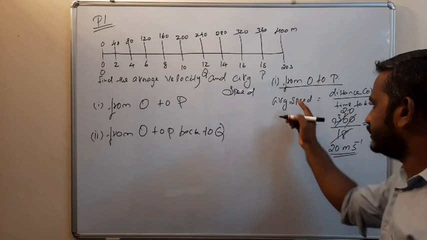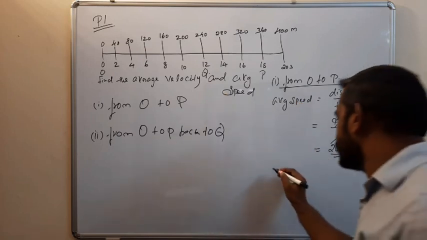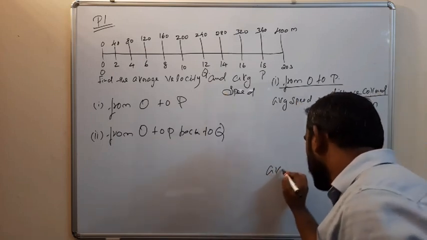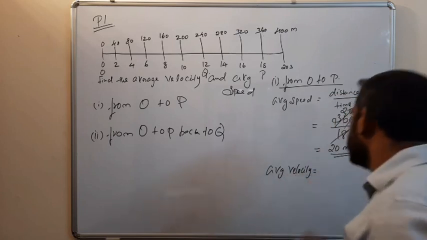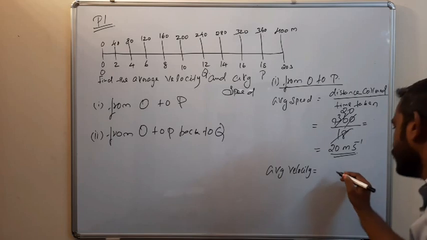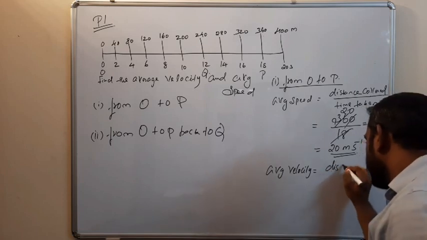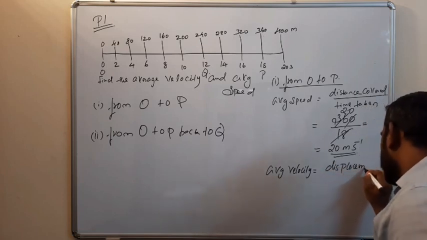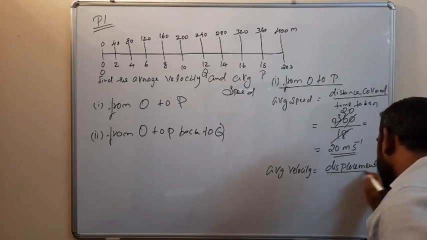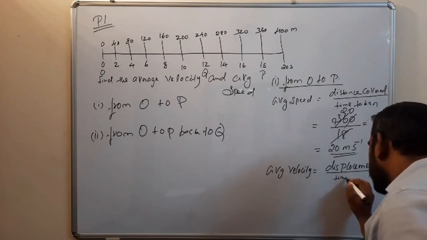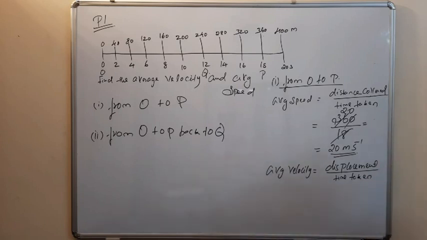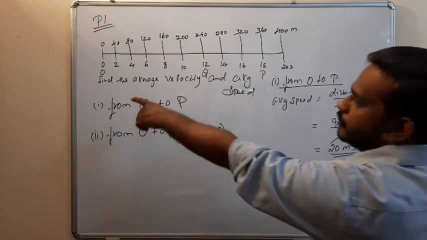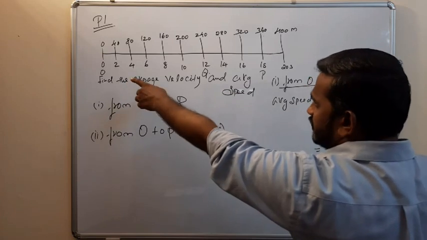Next, average velocity. Average velocity is equal to displacement divided by time taken. So what is the displacement?